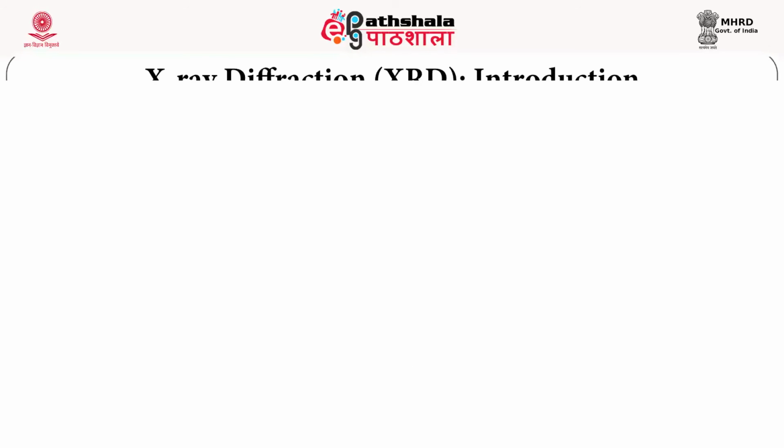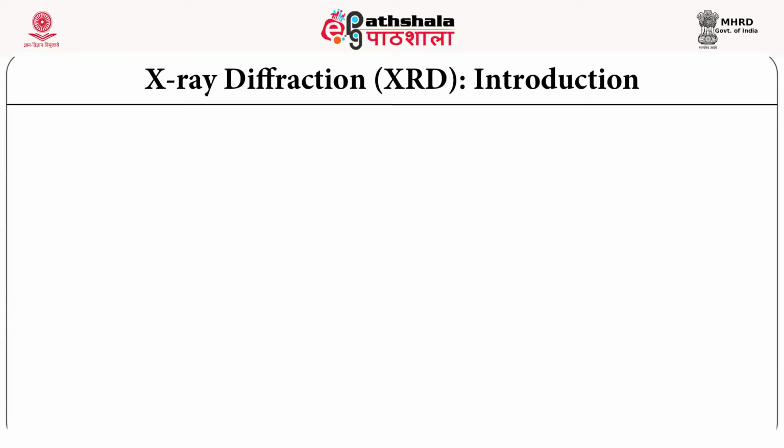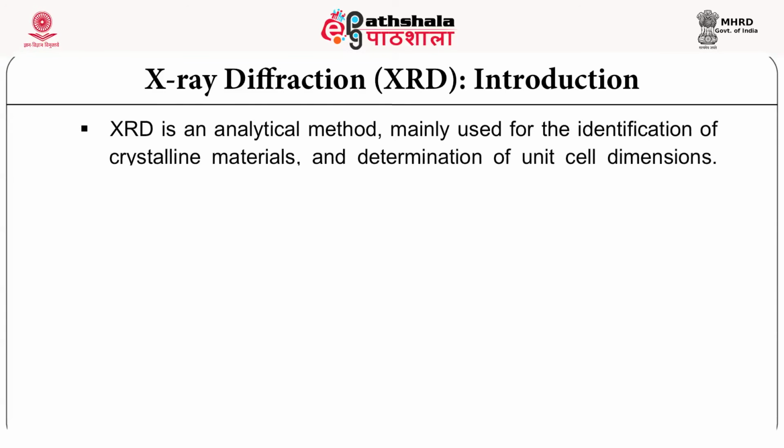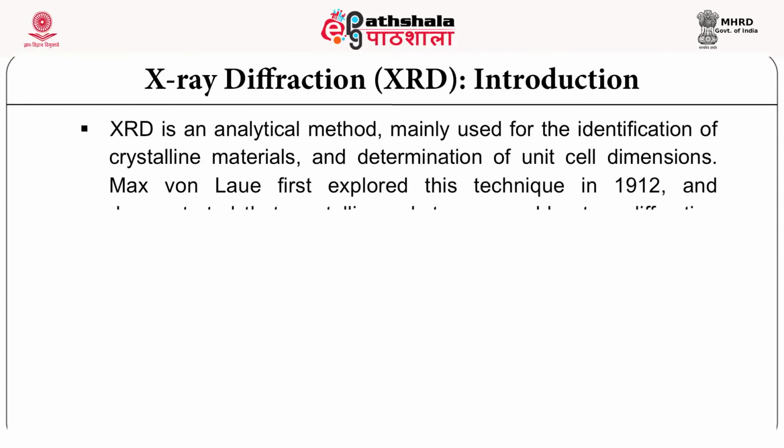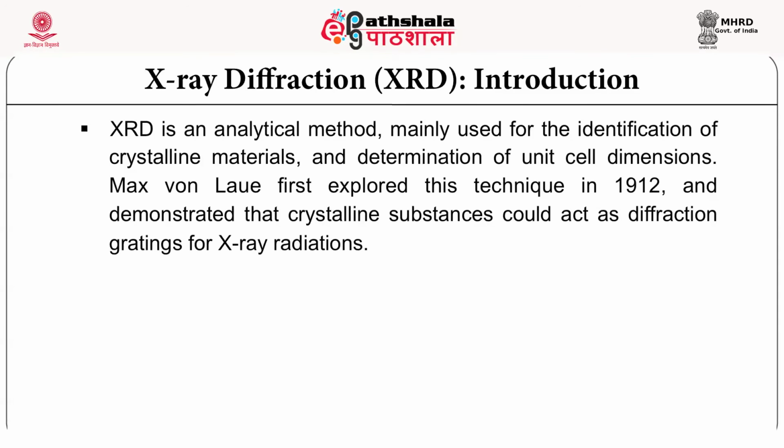What is X-ray diffraction, that is XRD? Let us have an introductory remark on XRD. XRD is another analytical tool mainly used for the identification of crystalline materials and determination of unit cell dimensions.